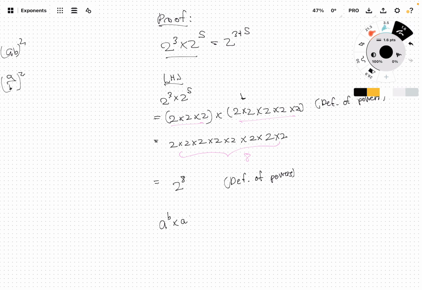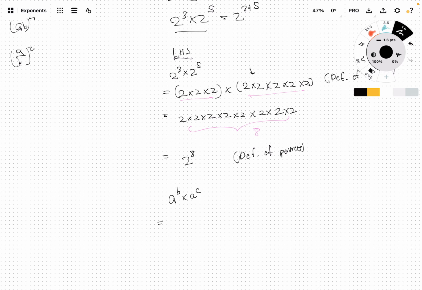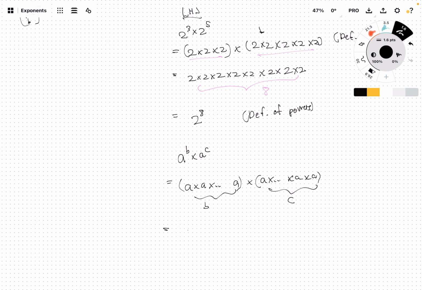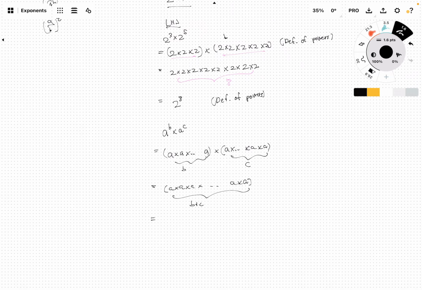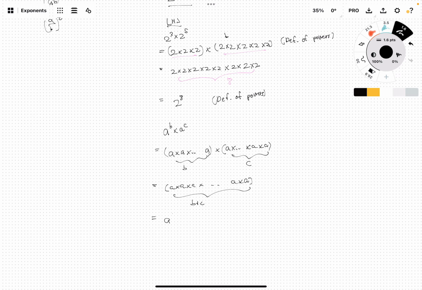You have a to the b times a to the c. What do you have? You have b a's here and c a's in the second part. So in total, you have b plus c a's, which is just a to the power of b plus c.